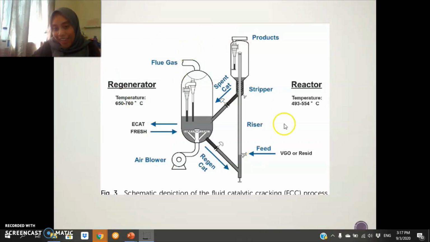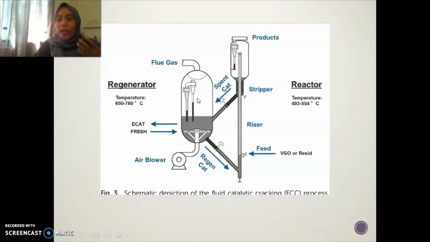So here at the regenerator, coke burn off and catalyst regeneration take place, and the catalyst produced will be reused back for another cracking process. And here at the regenerator, the process is exothermic where the heat will be released, and the flue gas, which is the carbon dioxide gas, will go out at the upper part of the regenerator. So the cycle is repeated.